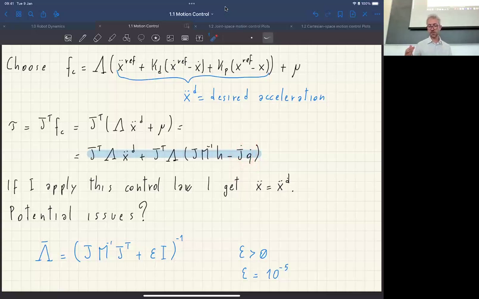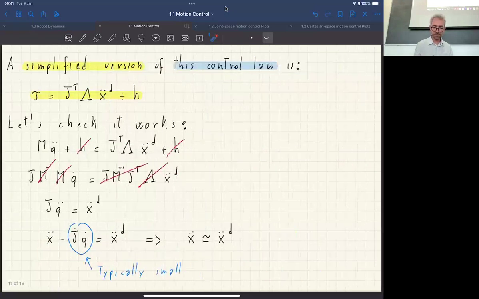So there exists a simplified version of this controller which works almost the same in practice, and it's the following one. The joint torques are equal to J transpose lambda x double dot desired.